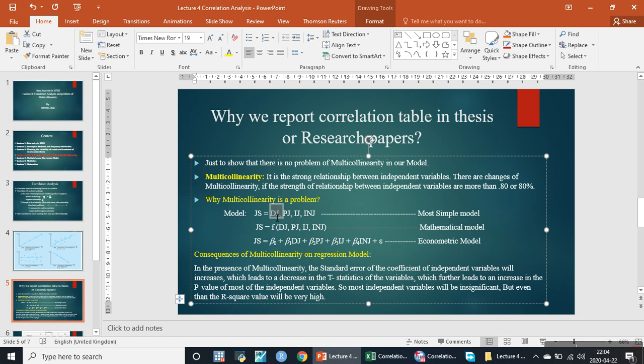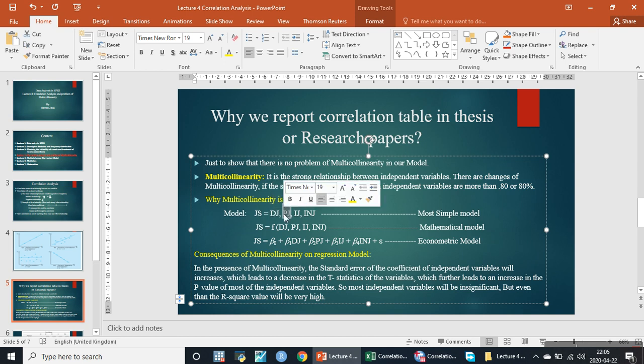if this variable increases, this variable will also increase, and we want to identify the impact of this on job satisfaction. So if this variable increases, the procedural justice also increases because there is 80% relationship. If this variable moves, the procedural justice will also move.